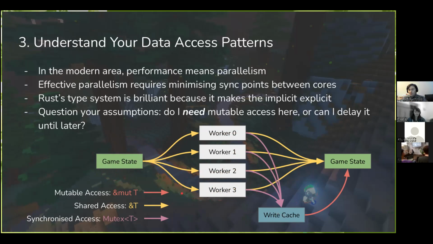So rather than putting a lock around the entirety of the game state, it's better to write those changes that need to be made to a small cache, which does have a lock around it, and then later on you write the changes back when you're back in the main thread, effectively. And this means that you're not pessimizing the average case where you just want to access something immutably and never mutate it.